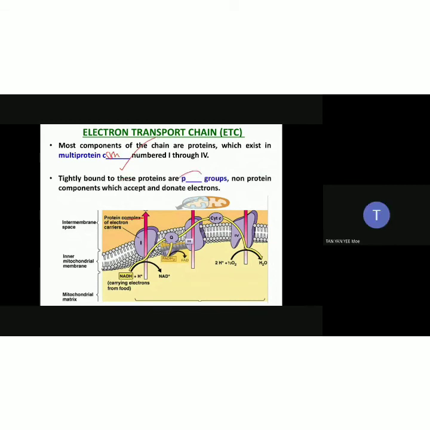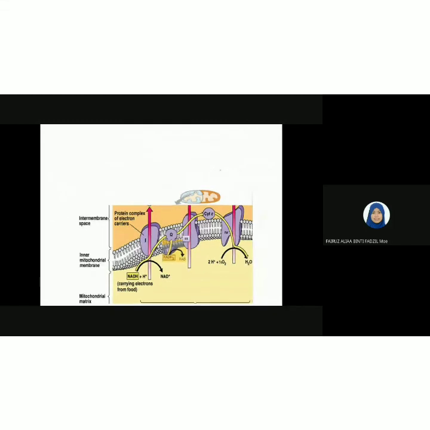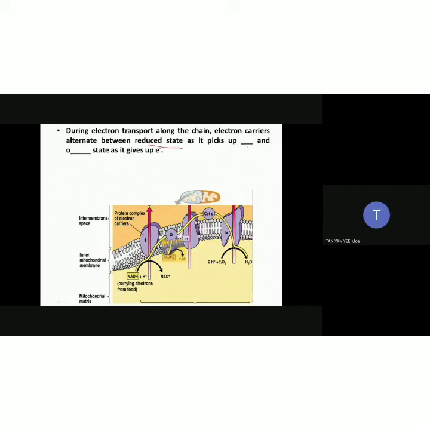Tightly bound to these proteins are prosthetic groups, non-protein components which accept and donate electrons. During electron transport along the chain, electron carriers alternate between reduced, when it picks up an electron, and oxidized.